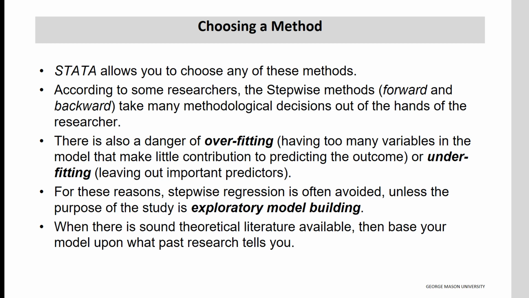For these reasons, stepwise regression is often avoided unless the purpose of the study is exploratory model building. When there is sound theoretical literature available, then base your model upon what past research tells you about a specific topic.